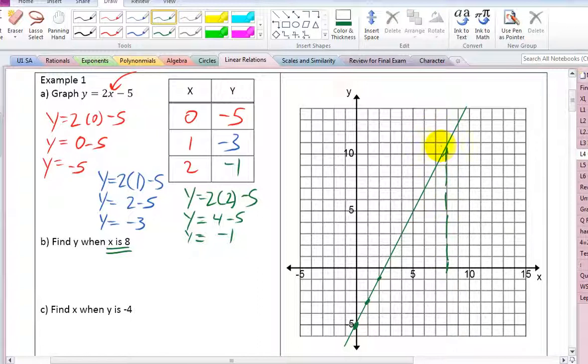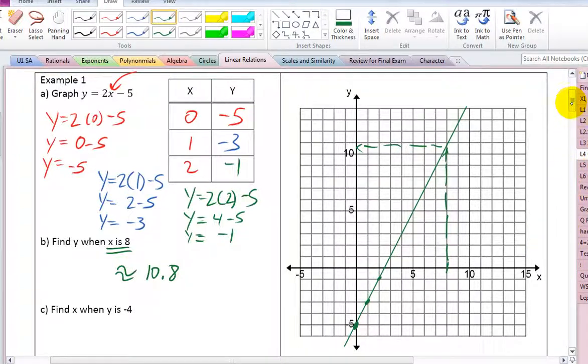And approximately what is our y value at that point? It's approximately 10.8. Depending on how accurate a graph is, that might be 11. If I wanted the exact number, I'd probably give you the line rather than make you graph it. We're approximately 10.8. Not quite at 11.